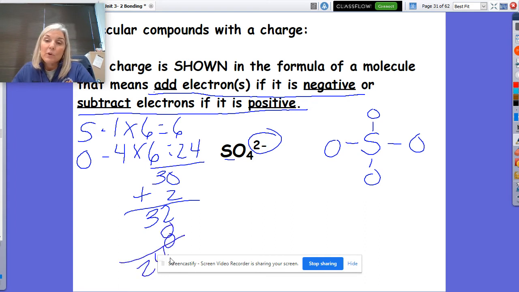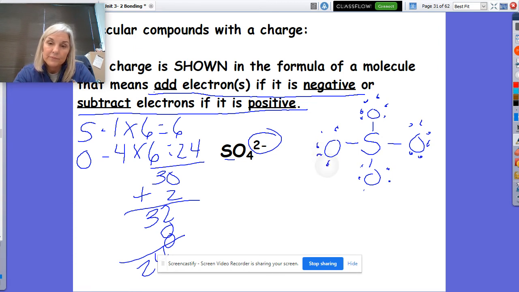So now I'm going to make my octet for my surrounding oxygens. There's 6, there's 12, there's 18, and then there's 24. So I've used up all 24.